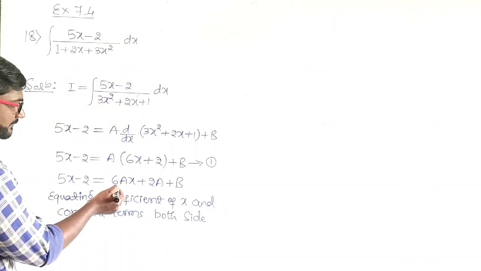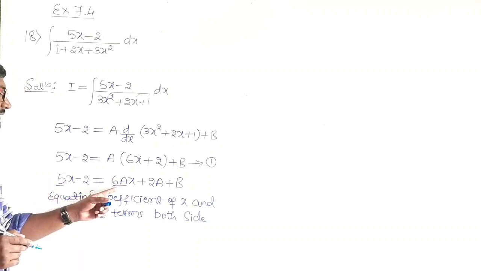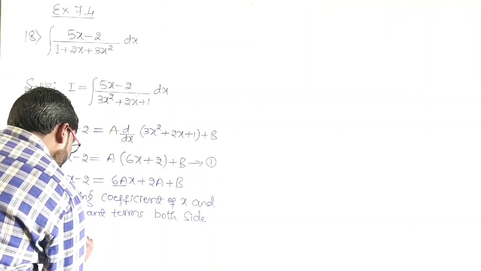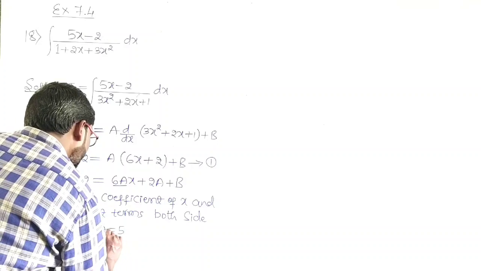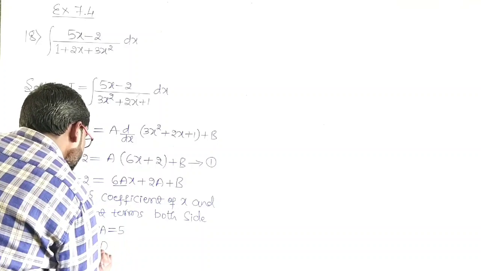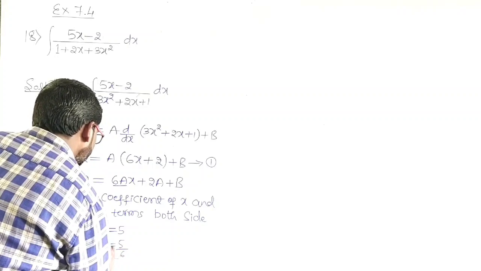Here the coefficient of x is 6A, and on the other side the coefficient of x is 5. So we can equate 6A with 5. Therefore 6A equals 5, and A equals 5 divided by 6. We have got the value of A.